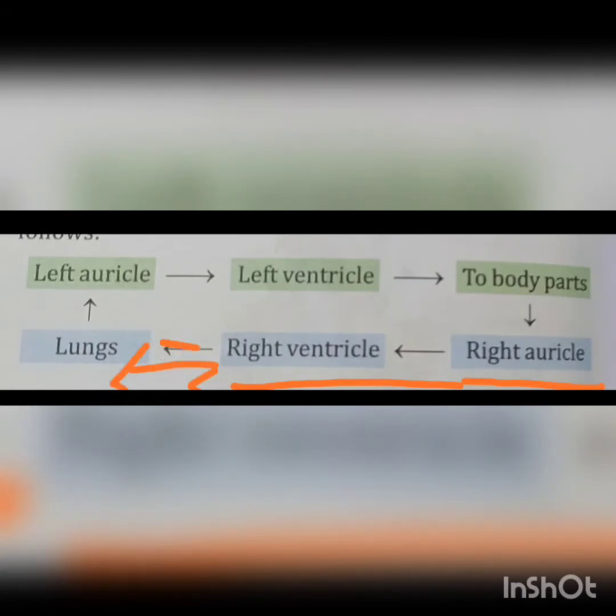In the lungs, oxygen is added to the blood and carbon dioxide removed. From here, the blood goes to the left auricle, from the left auricle to the left ventricle, and from the left ventricle to the aorta, and then to the body parts. Again, the deoxygenated blood is collected from the body parts and brought back to the right auricle.